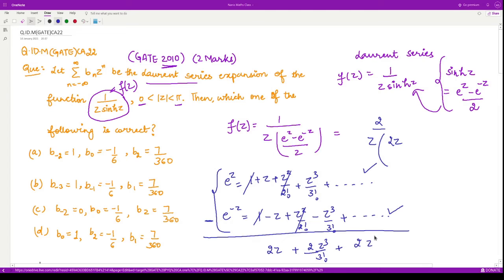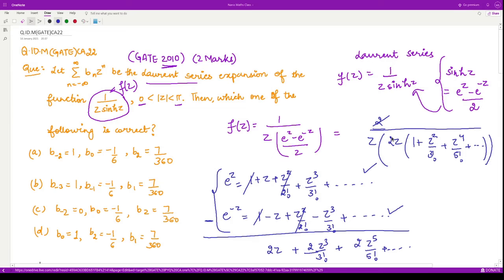Then we would have z power 5 upon 5 factorial and so on. In every term, you see we have a 2 and we have a z, so we can take this 2z common. So we would have 1 plus z square by 3 factorial plus z power 4 by 5 factorial and terms like that in the denominator.